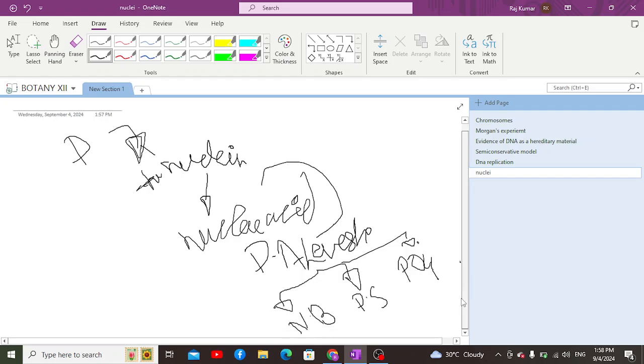So these were the three major components present in the nucleic acid as a whole.